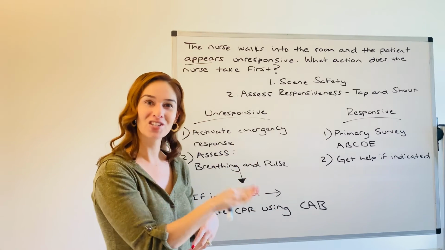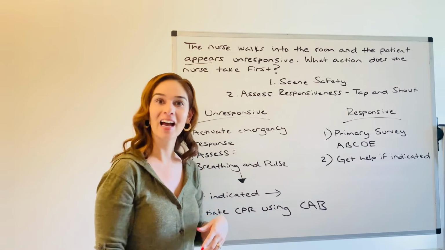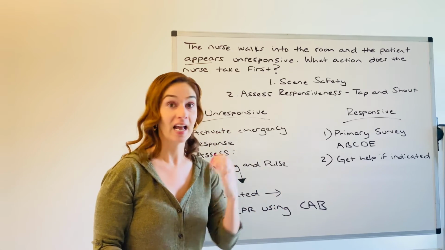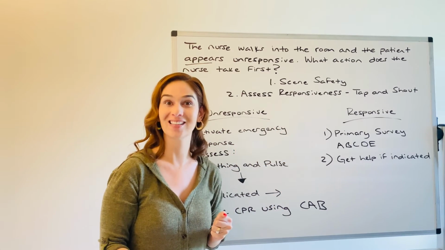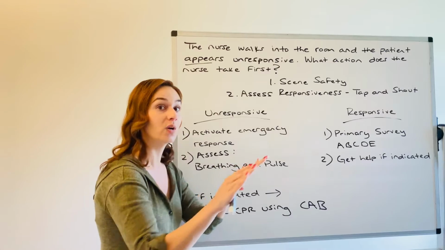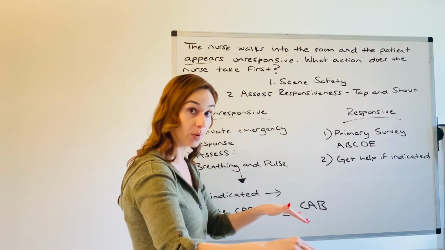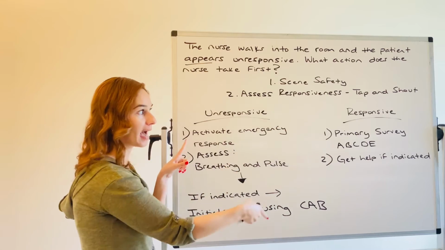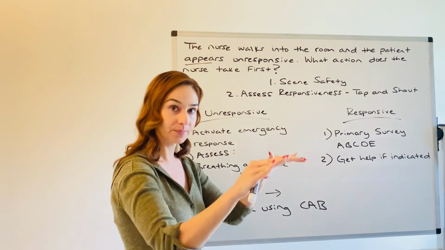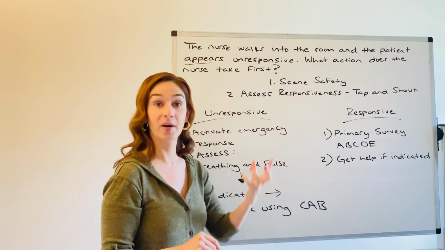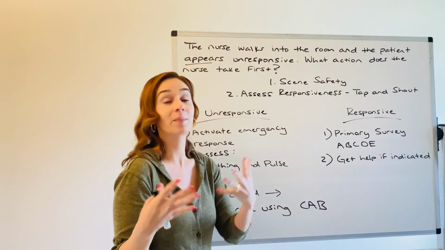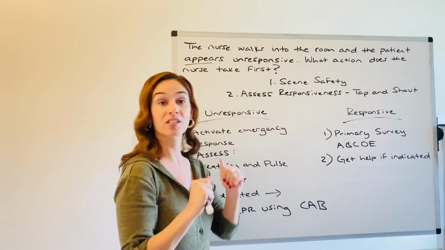What if you tap and shout on one side only and they have a neurological deficit, or they are post-stroke and they have no sensation on that side, right? I need you to tap and shout on both sides of the body, and then how they respond is how you act. So I tap and shout on this patient and they respond. They immediately wake up. They were sleeping, right? It could be so many things, but they respond.